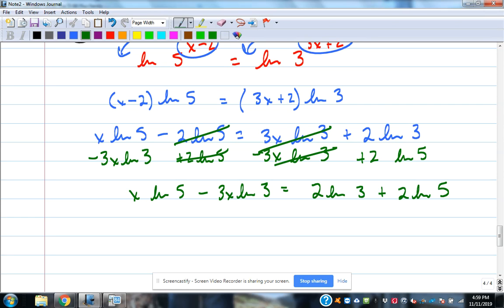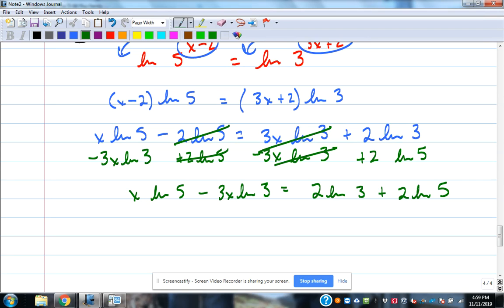Now, what did we learn from our previous example about what to do next? Remember, what is all this stuff on that side with the 2 natural log of 3 and the 2 natural log of 5? Just numbers, right? Just adding numbers together there. They're decimals of some sort. We'll get that in a little while.